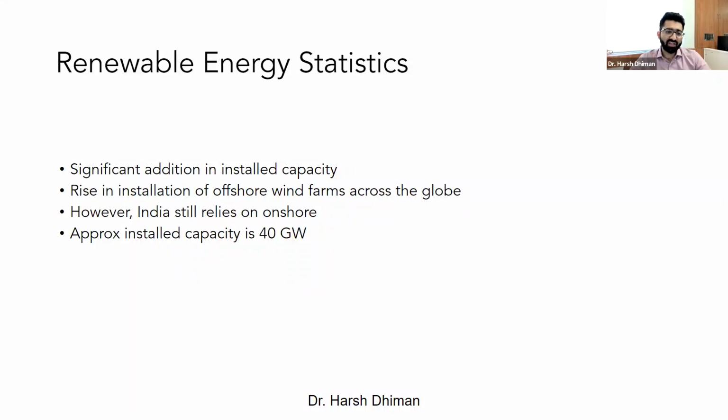Statistically, 40 gigawatts of installation is there in India for wind, and the entire 40 gigawatts is onshore. This is something really important and interesting: all the wind parks in India are onshore. We do not have a single offshore wind farm. The reason being the policy framework.